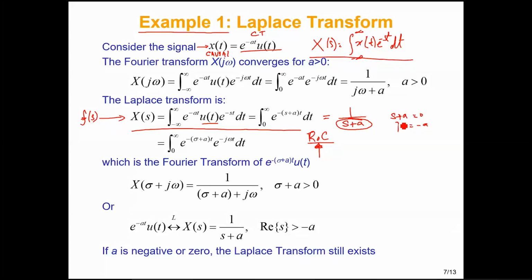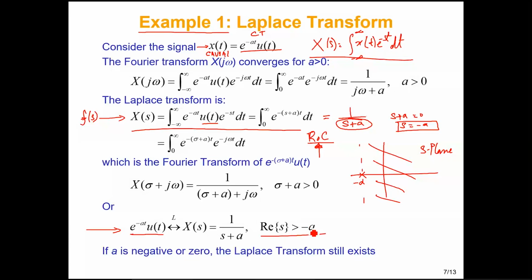This is your location of pole, and then we can just put that pole here on the s plane, and the region of convergence, because it is causal, will be the right hand side, and that's what you see right here. So the Laplace transform of this is basically X of s, whose expression part is 1 over s plus a, and the region of convergence is the real part of s greater than minus a.